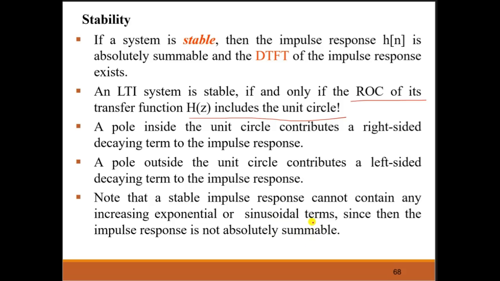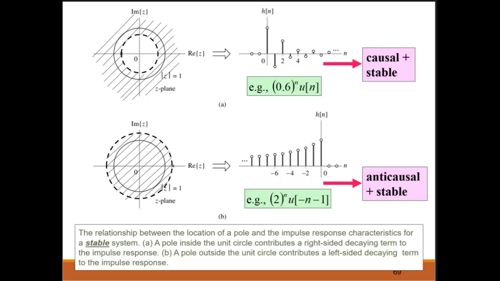Note that a stable impulse response cannot contain any increasing exponential or sinusoidal terms, since the impulse response is not absolutely summable. Maksudnya, okay, kalau kita tengok dekat sini, macam tadi example yang sama tadi, lebih kurang sama. So bila dia adalah when a pole is inside the unit circle, so ROC dekat luar kan, so dia adalah causal and stable sebab dalam ROC ni ada unit circle, okay, dalam bahagian lorekan ni ada unit circle.